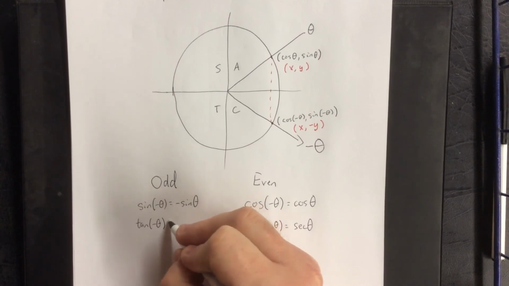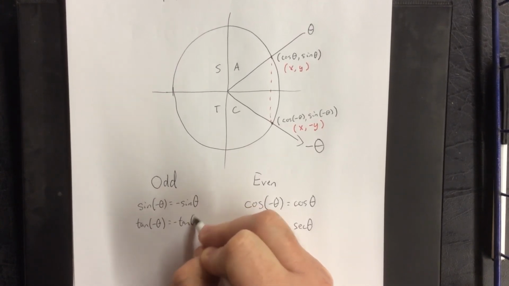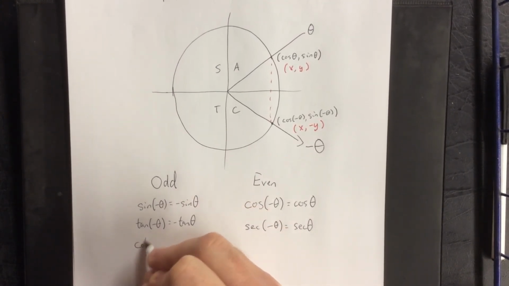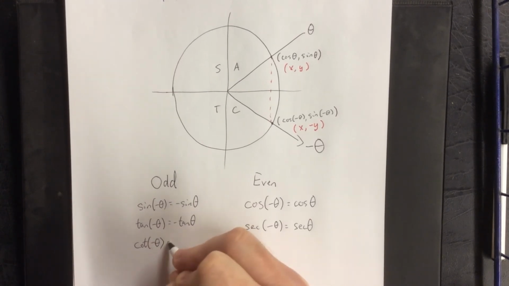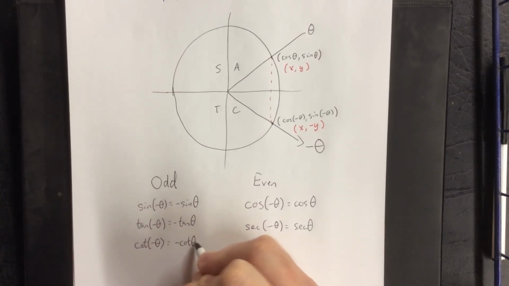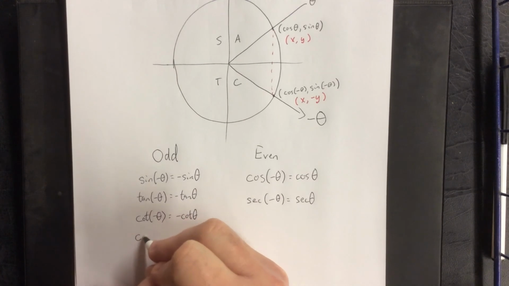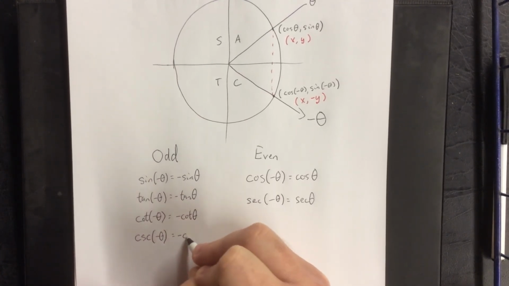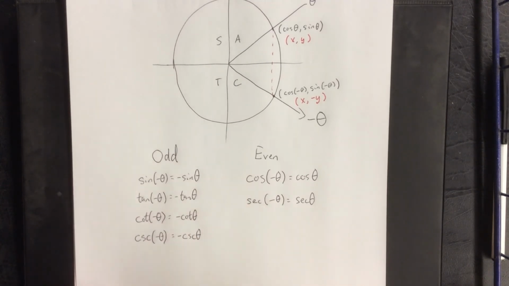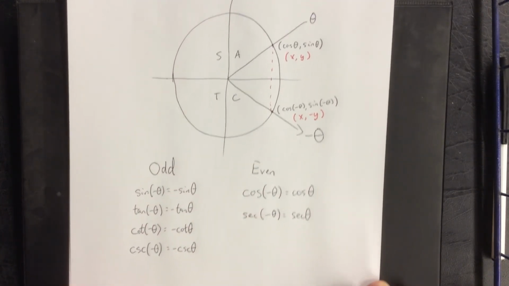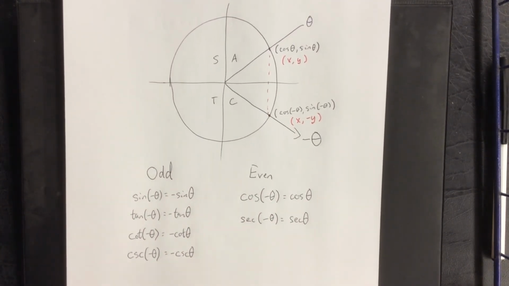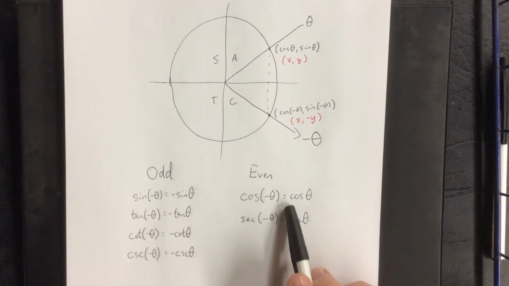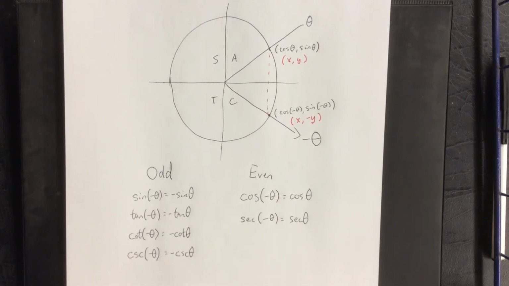So the sine, the tangent, the cotangent, and the cosecant would all be considered odd functions. Looking forward, that means that when we graph these odd functions, they will all have origin symmetry, and when we graph these even functions, they will have y-axis symmetry.